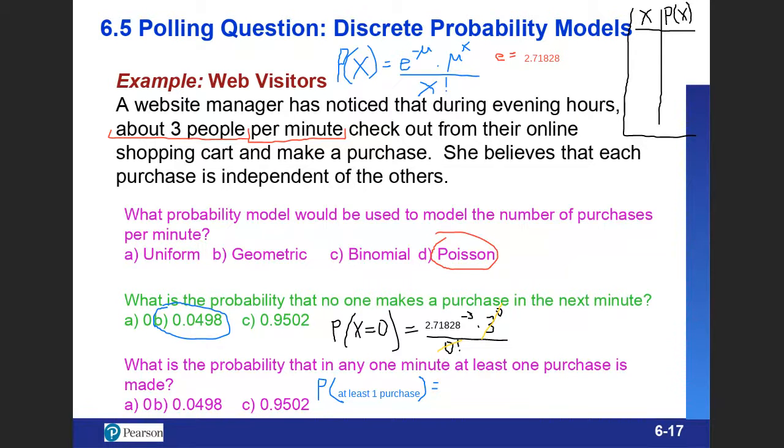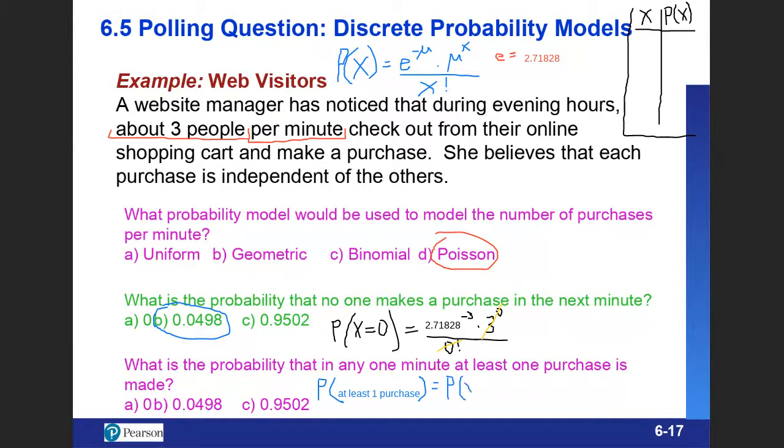Okay. So most of you chose 0.9502, and that answer is correct. But let's see how we can get that answer. So the question is saying, what is the probability that in any 1 minute, at least one purchase is made? At least one. That means the minimum is 1. That means it has to be greater than or equal to 1.